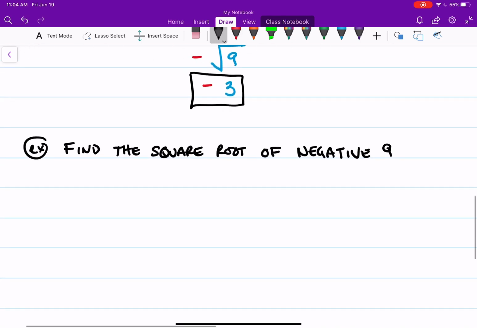The negative is attached to the 9. So that means I have the square root of negative 9.